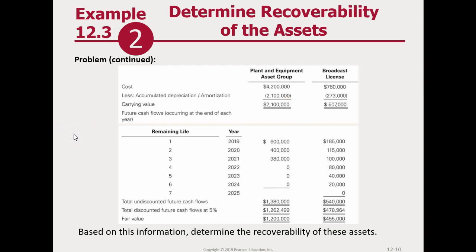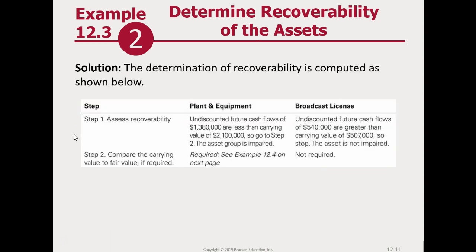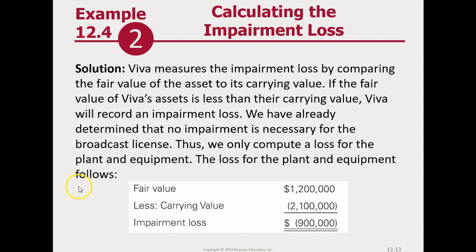So let's move forward and work through step 2 for the plant and equipment asset group. In step 2, all we do is we take the fair value, we subtract out the carrying value, and guess what? There it is, impairment loss. Now let's look at what the journal entry is going to look like.